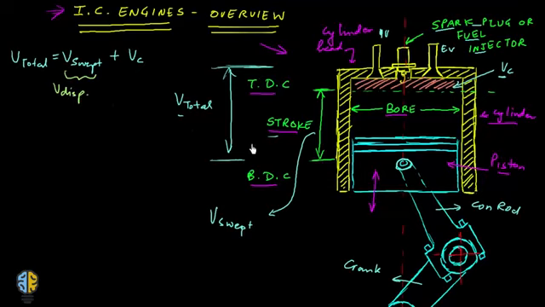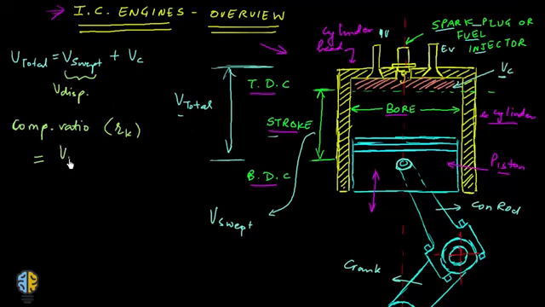Now let's come to a term called compression ratio. Compression ratio is denoted by small r, and in parentheses you have K. So this is basically a ratio between two terms.